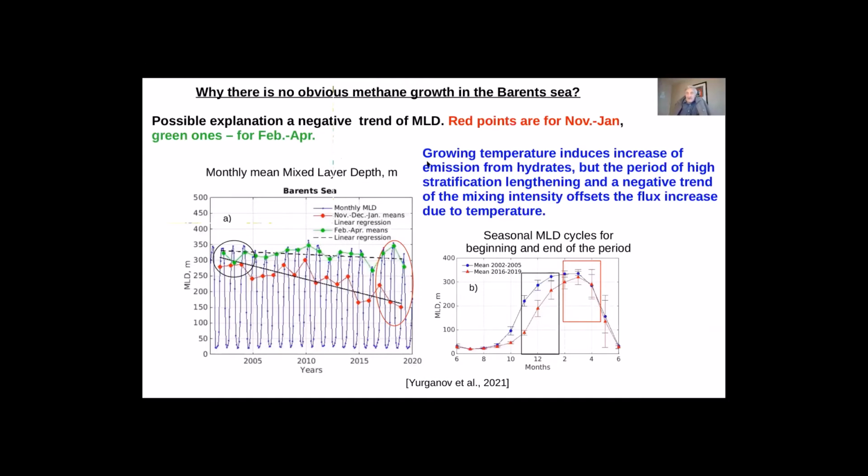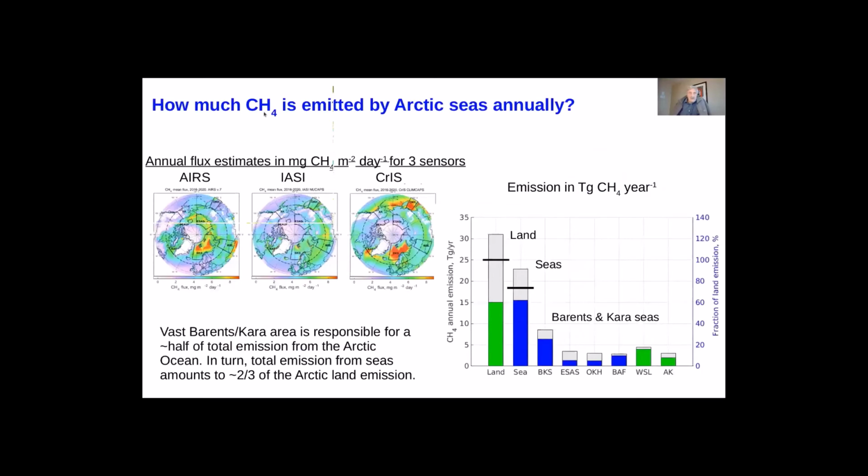So this is explained by a period of high stratification in summer lengthening, and a negative trend of mixing intensity offsets the flux increase due to temperature that we've seen before.